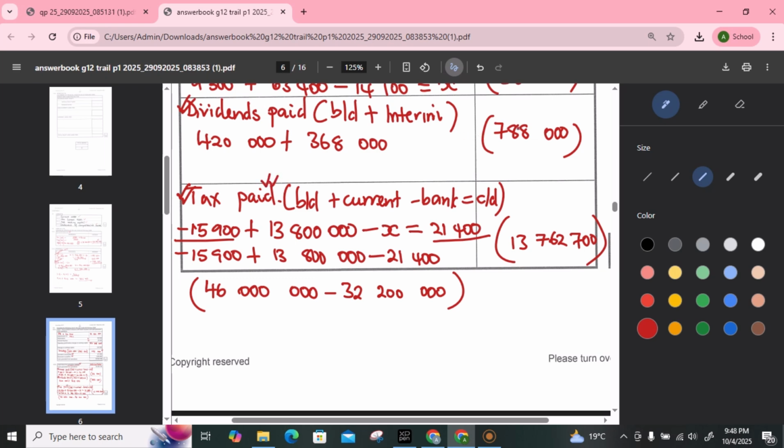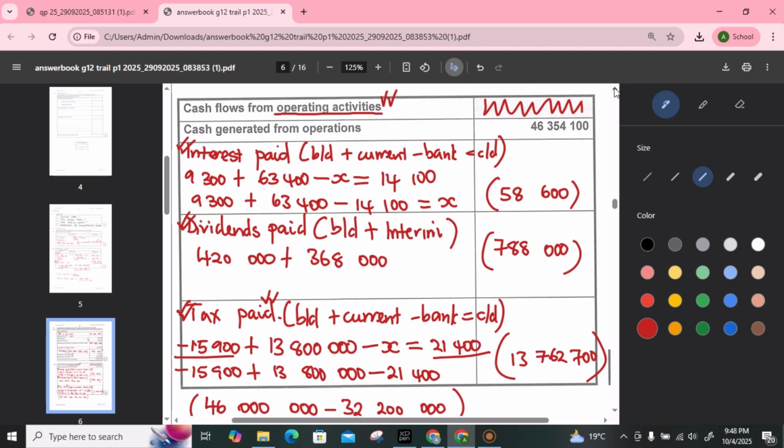Alright, there you have it. Those are the entries that we have on operating activities. So the first thing that you're supposed to do is to identify the line items that are needed: your interest paid, dividends paid, and tax paid. From that stop, you then need your formula. Some would use the T account, some would use the notes.